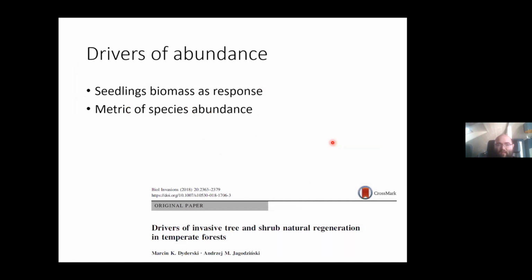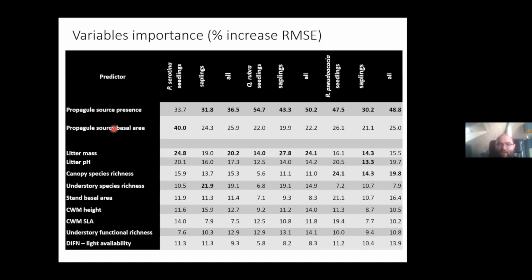We assessed the biomass of the seedlings and saplings, because biomass is the best metric of species quantity in ecosystems. We used our own developed allometric models to assess the biomass within each plot. And then we used machine learning techniques to assess which variable is the most important for natural regeneration. We assessed the biomass of seedlings and saplings separately and together for each of the 3 studied species.